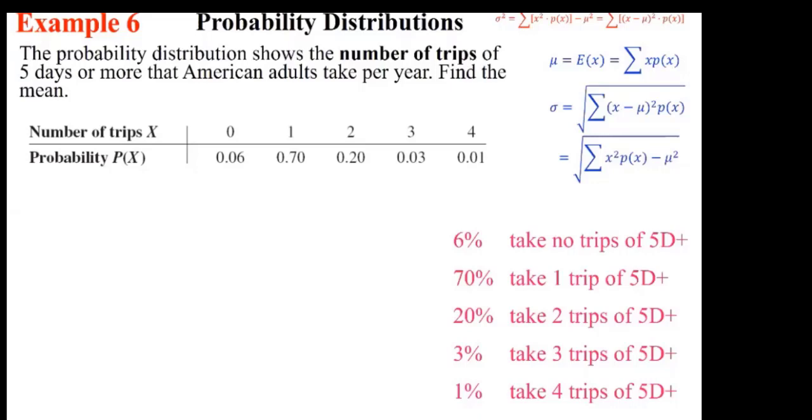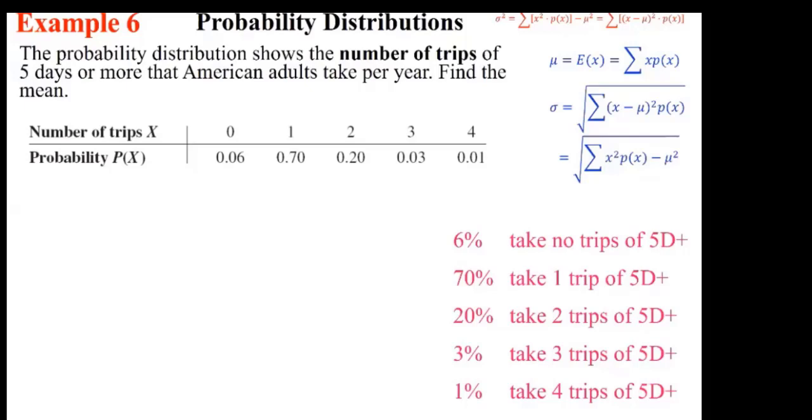And we want to find the mean. And again, let's understand, when you set up a table, you can set them up in this manner. There are a couple of rows, or you may set up with x and p of x as 2 columns. It doesn't matter.